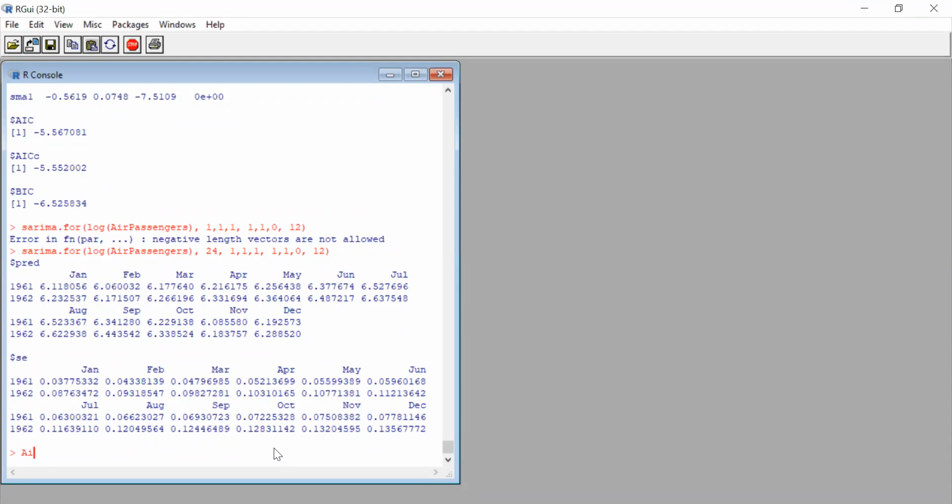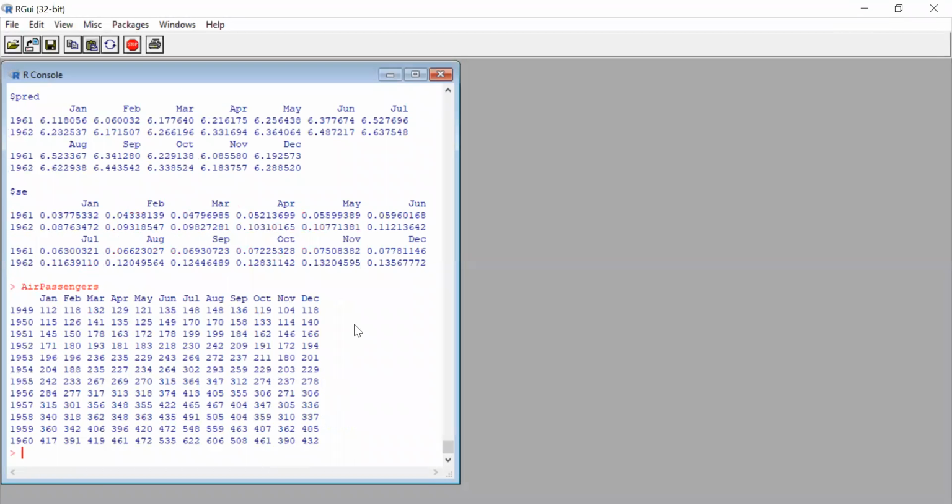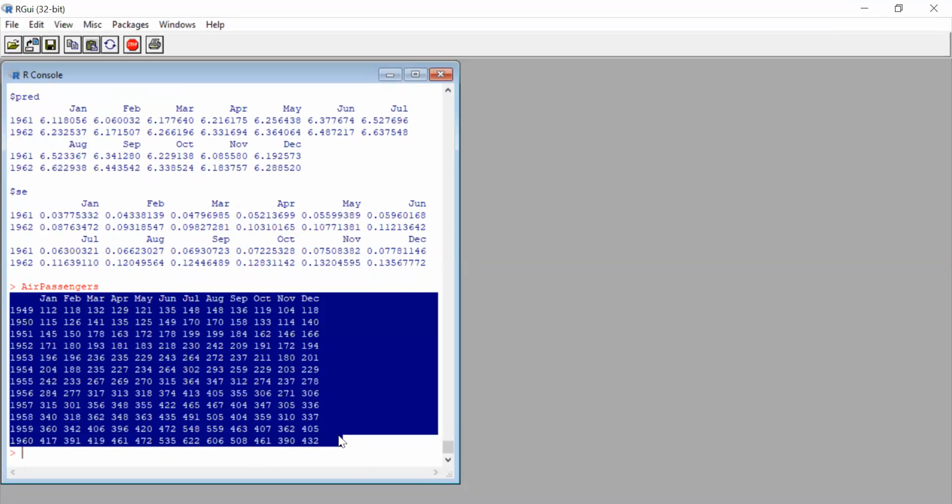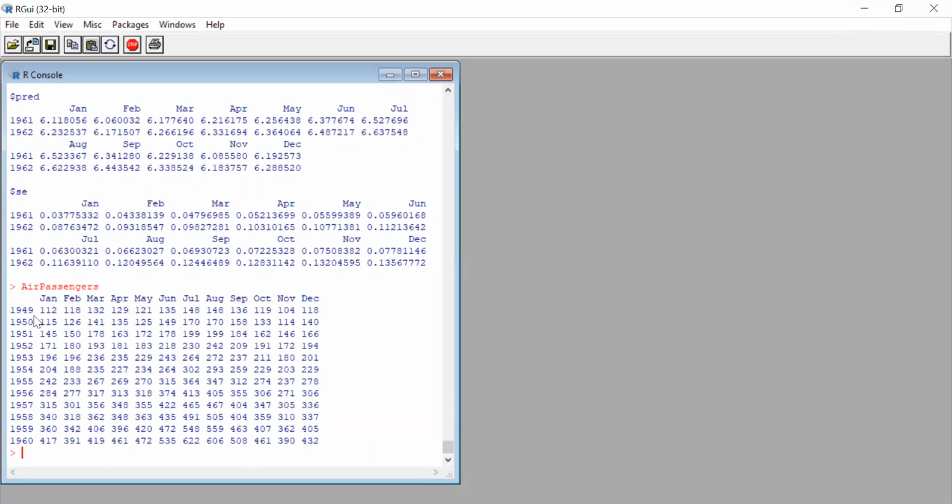So air passengers. Yes. So it is the number of passengers from 1949 to 1960, and it is a monthly data set.